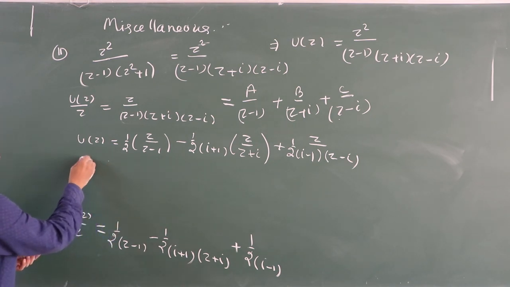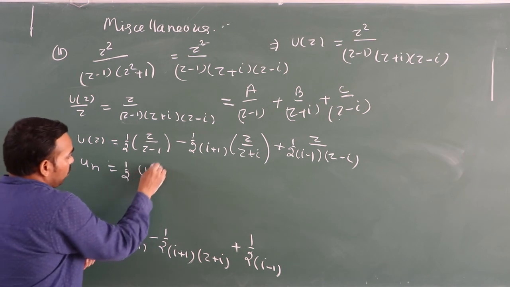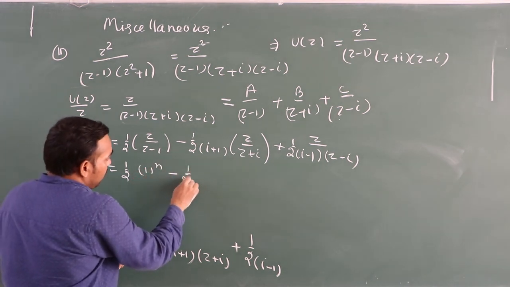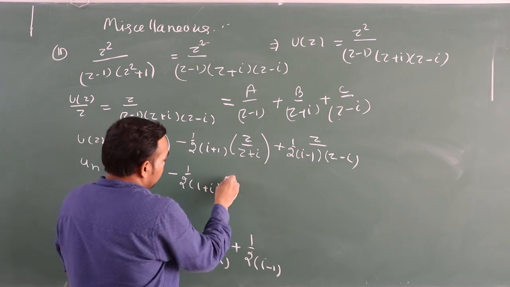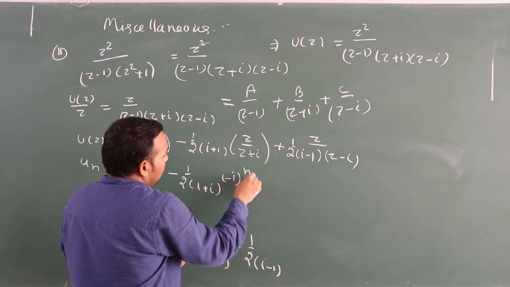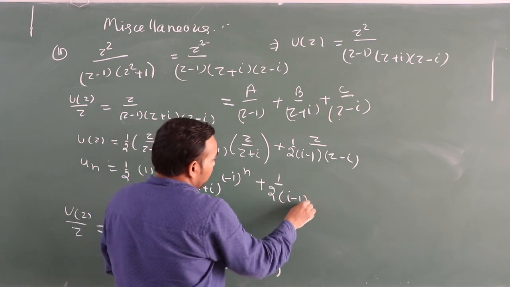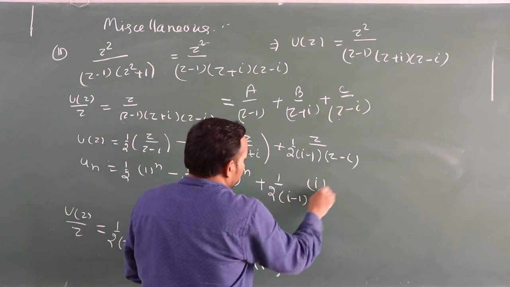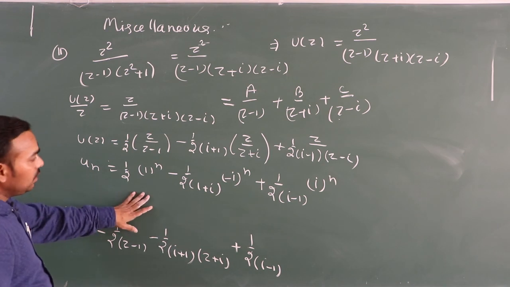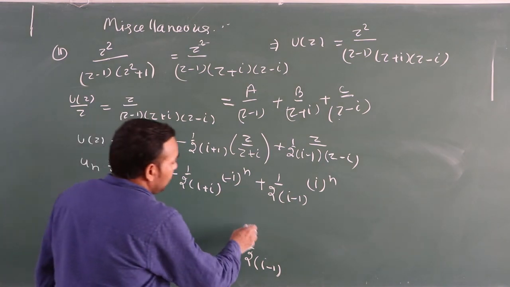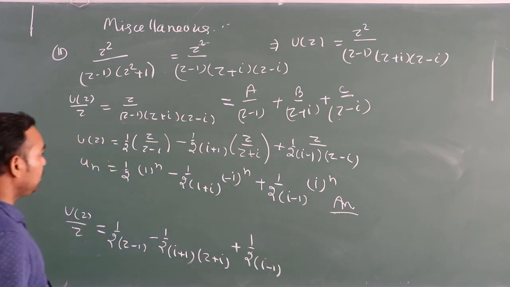This implies u_n equals 1 upon 2 times 1 to the power n, minus 1 upon 2(1 plus i) times (minus i) to the power n, plus 1 upon 2(i minus 1) times i to the power n. We can simplify more, but finally this is the answer of this problem.